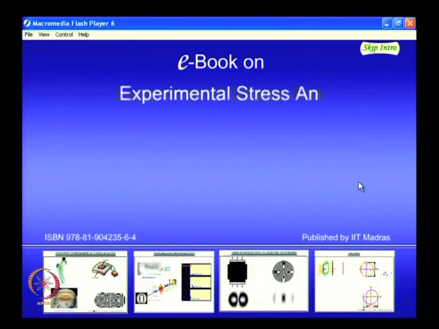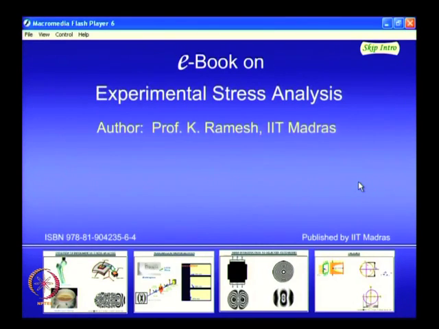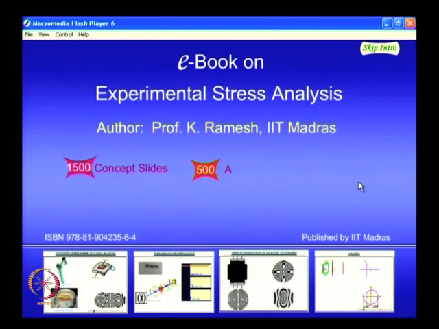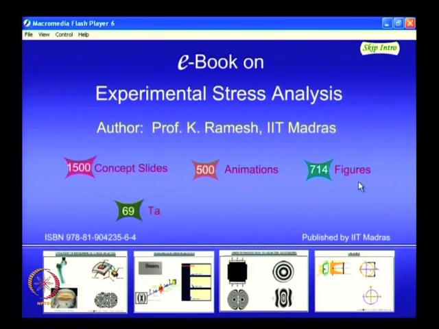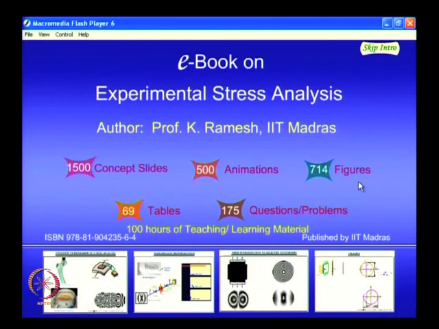And for this course, I would essentially use my e-book on experimental stress analysis. This has been developed and published by IIT Madras, and it contains more than 100 hours of teaching and learning material.